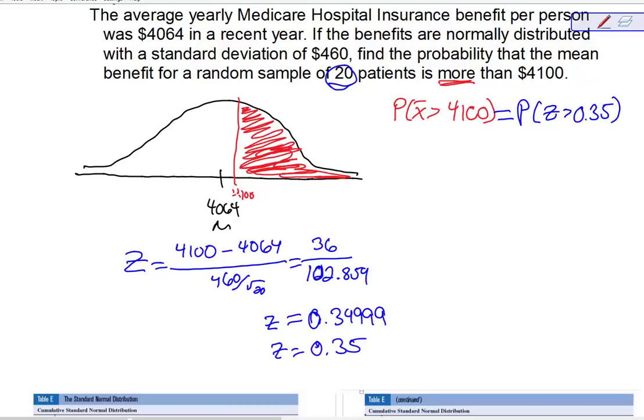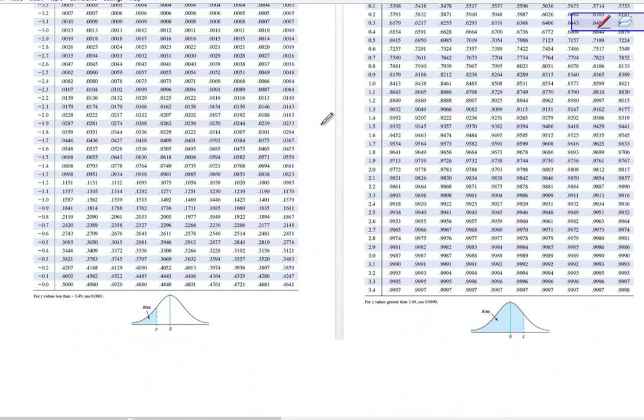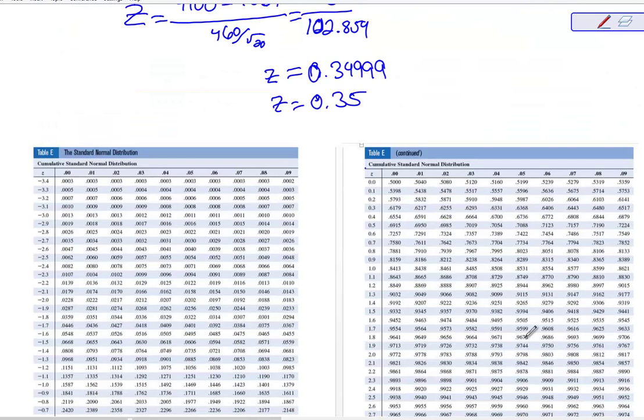Remember, since we're wanting a greater than, we have to look up that z-score and take 1 minus, because remember, when we look it up, it's going to give me the area to the left. There's a lot of rules to remember, but when you look at these tables, they are only giving you the area to the left. So if you want to the right, you have to subtract from 1. So we're looking for 0.35, so that's going to be on the positive table.